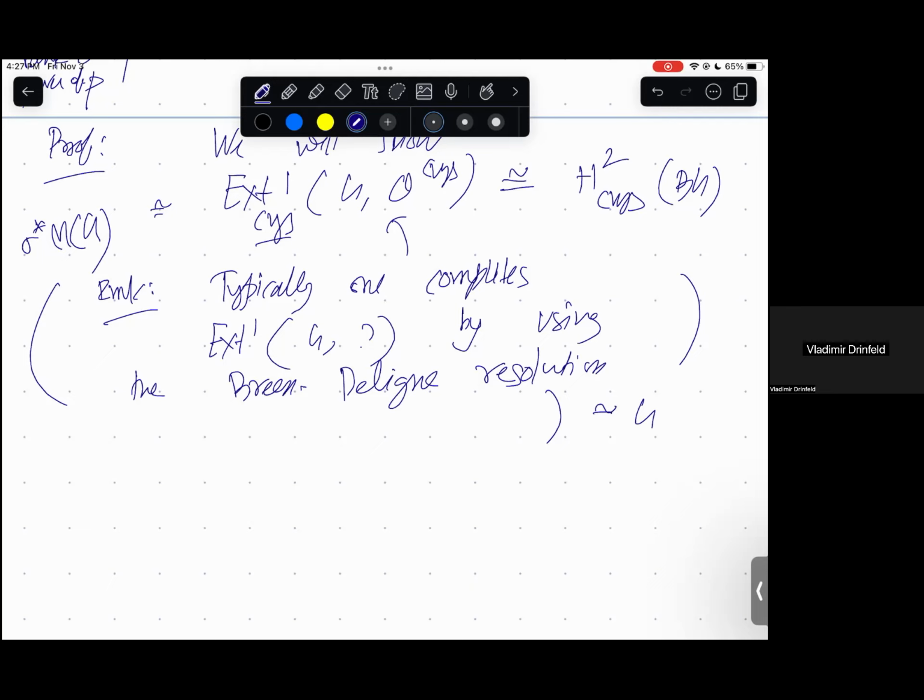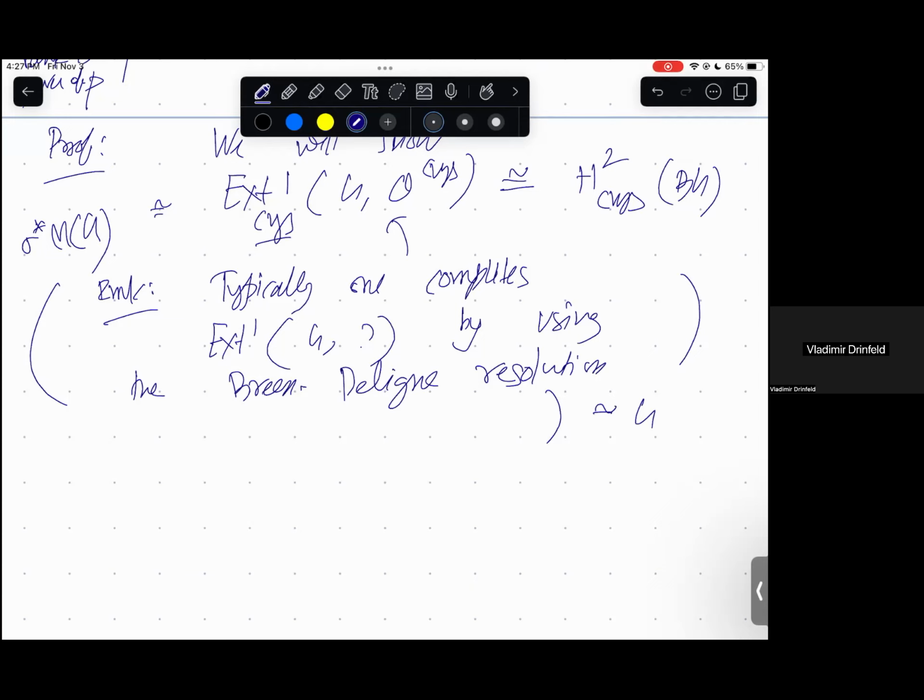On the other hand, we have H^2 of G with coefficients in A, which is the same as H^2 of the classifying space of G with coefficients A. This group classifies all extensions of G by A, not necessarily abelian ones.